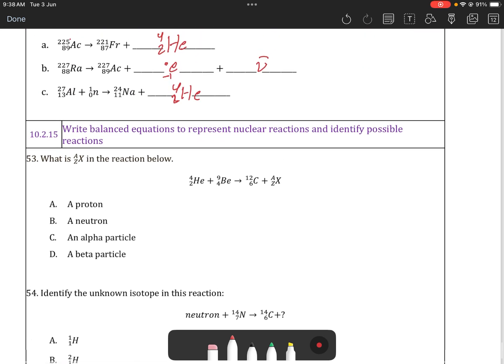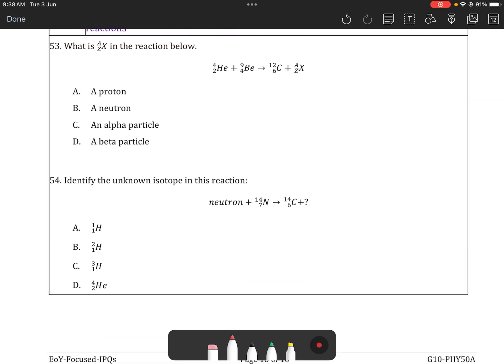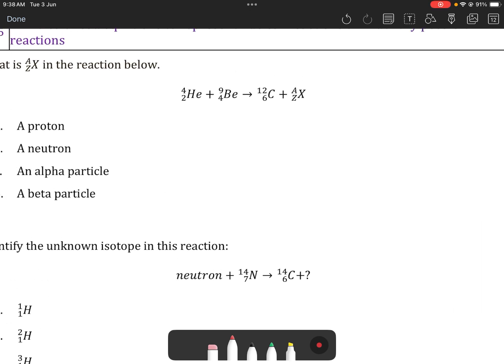Let's look at these questions now. What is X in the reaction below? In this reaction, what should be here? The number of nucleons, 4 plus 9 equals 13, but here we have 12.